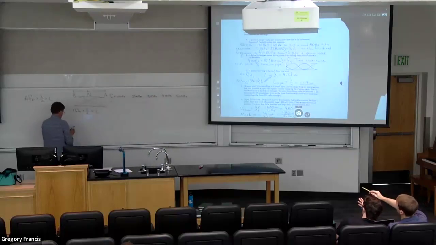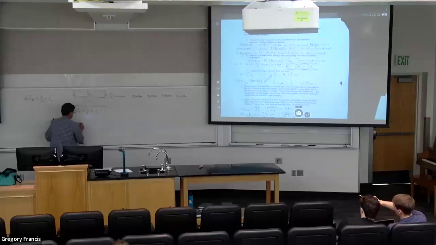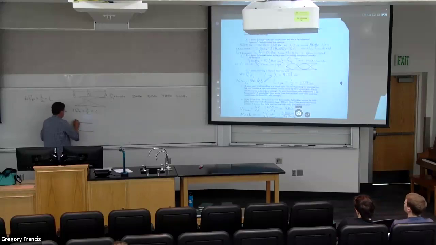Now, if that pipe were closed at one end, then this has to be a node, and this is going to be an antinode, and the longest wave that's going to fit is going to look like that. Okay. Now that's only half a football.